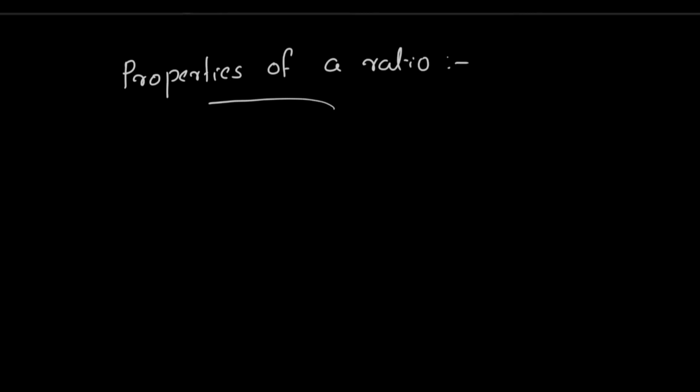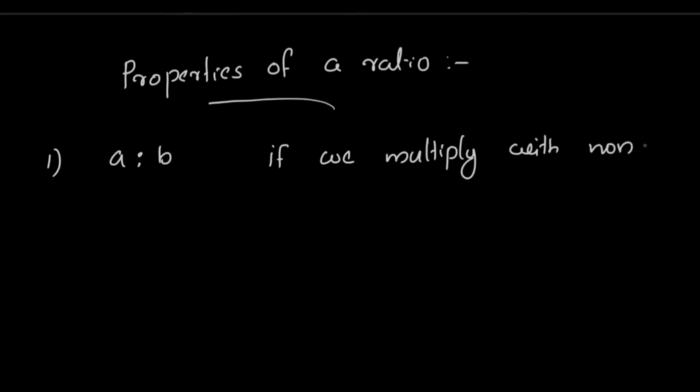In a ratio A is to B, if both terms of the ratio are multiplied by a constant, that is a non-zero quantity, the value of the ratio remains the same. That is the first property.